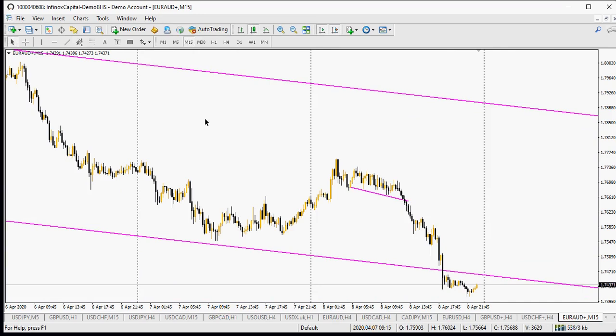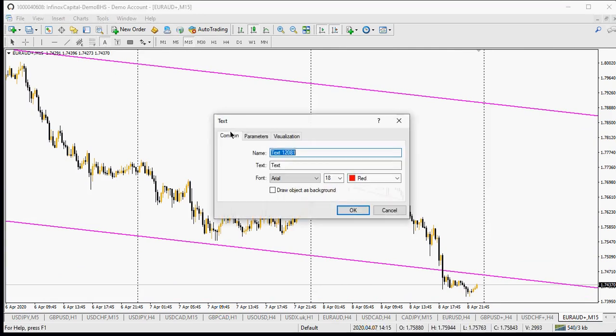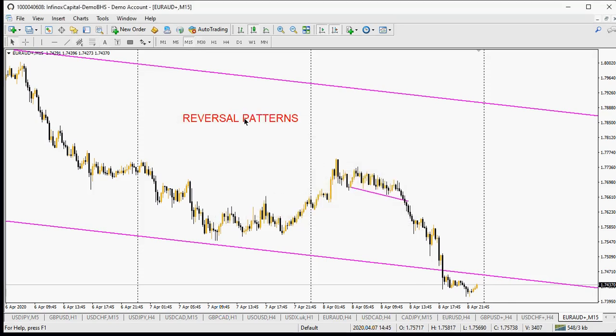There are different types of patterns we want to look at in the market. Number one, we have reversal patterns. Please put it down.